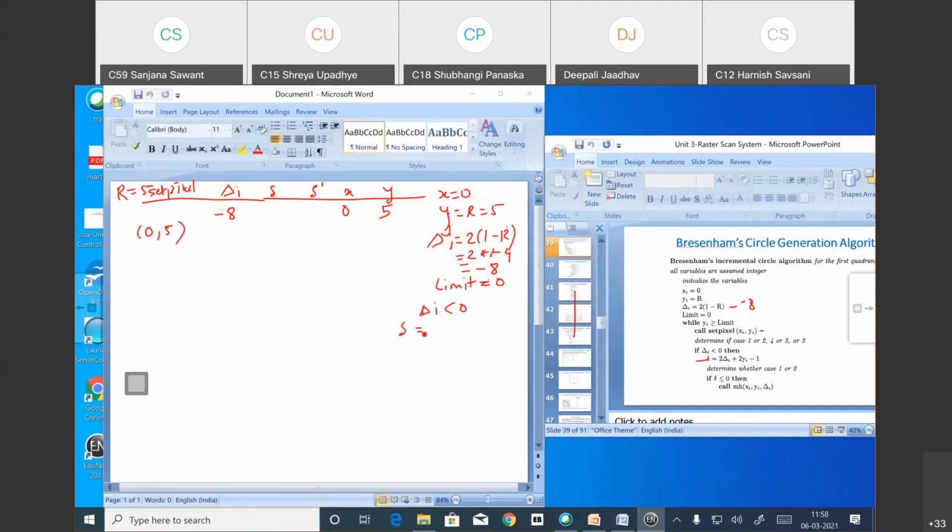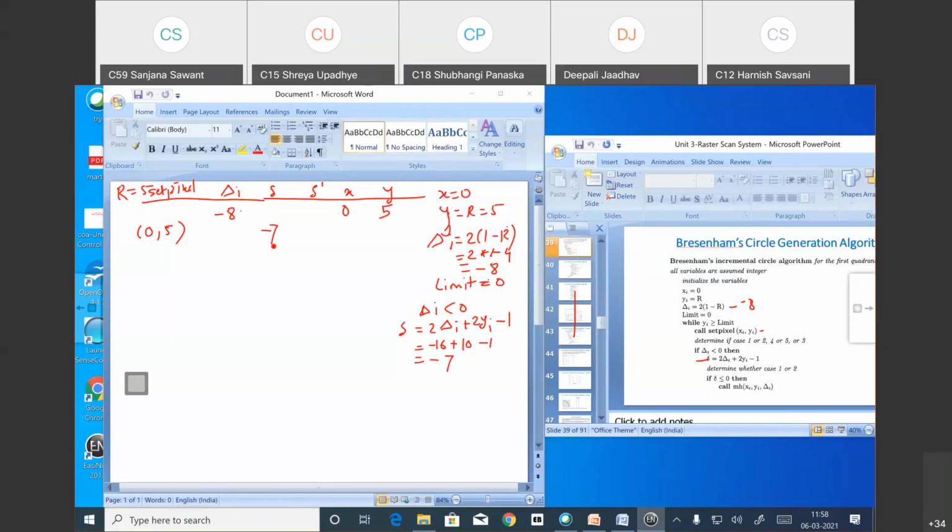How to calculate the value? 2 into delta I plus 2yi minus 1, correct? So here, what is delta I? It is minus 8. So it becomes minus 16 plus 2 into yi, what is this? 10 minus 1. So calculate it: minus 16 plus 10 minus 1. It becomes minus 7. So the value of delta we calculate here is minus 7.